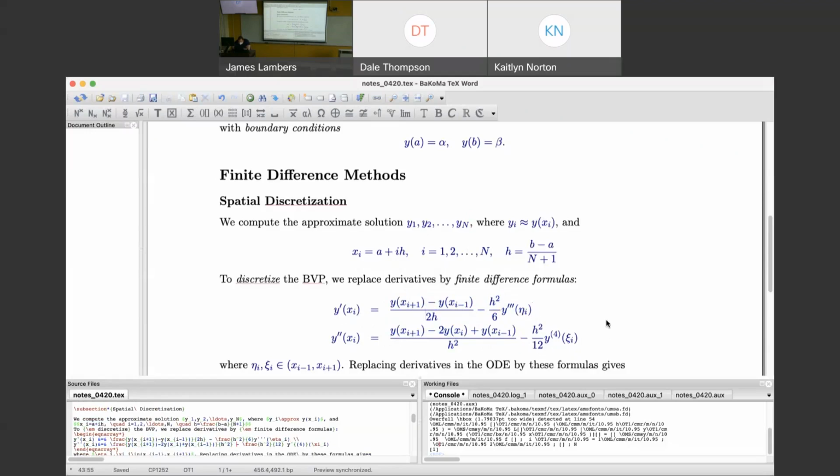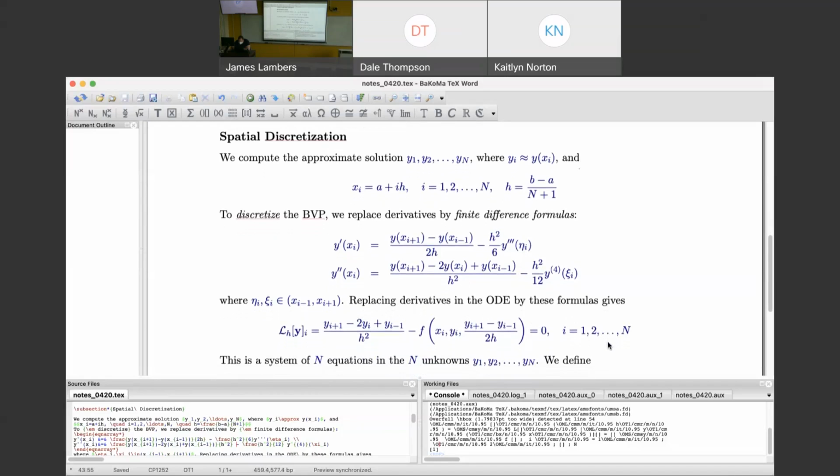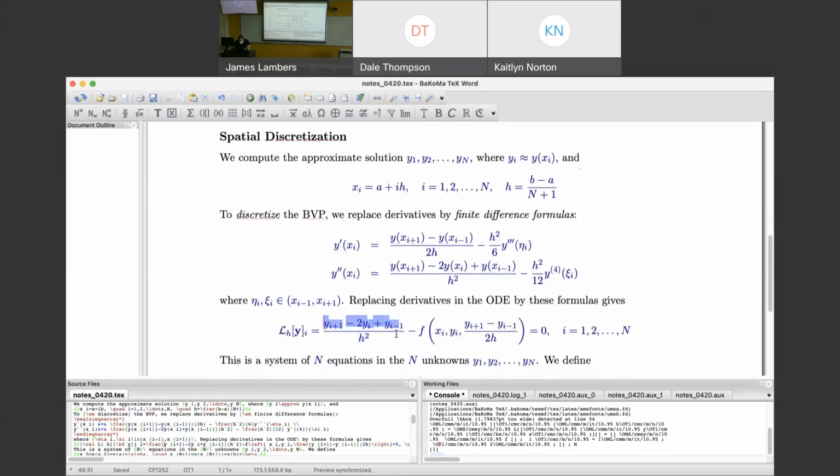All right. So when that happens, the ODE leads to this system of n equations and n unknowns, or y values. So here we have our approximate y double prime minus f of x, y, and our approximate y prime is equal to 0.